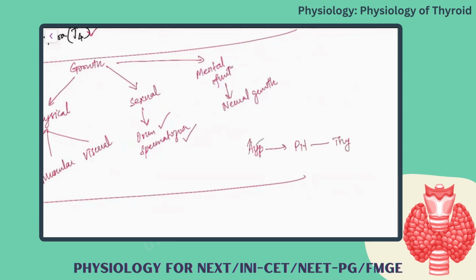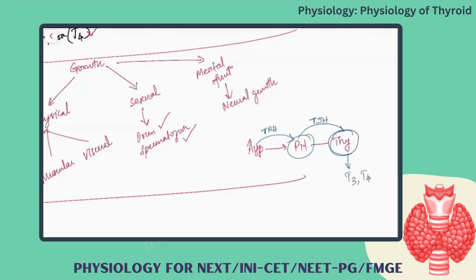What is produced from the hypothalamus to the pituitary? Thyrotropin releasing hormone. This will stimulate the anterior pituitary. This will release thyroid stimulating hormone. It will act on the thyroid gland and it will release T3 and T4.